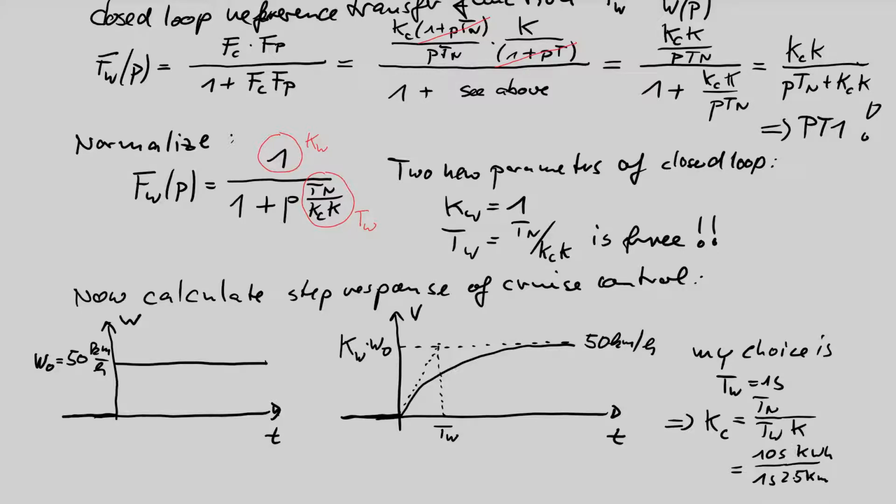The seconds can be eliminated. So finally, Kc is 10 divided by 2.5, which is 4 kilowatt per kilometer per hour.